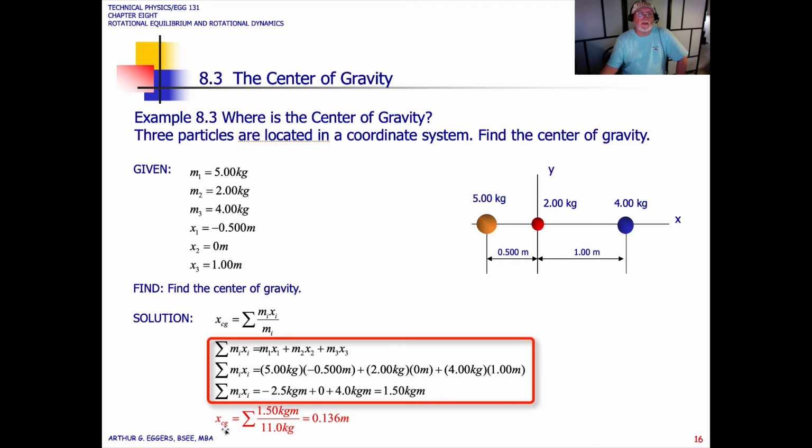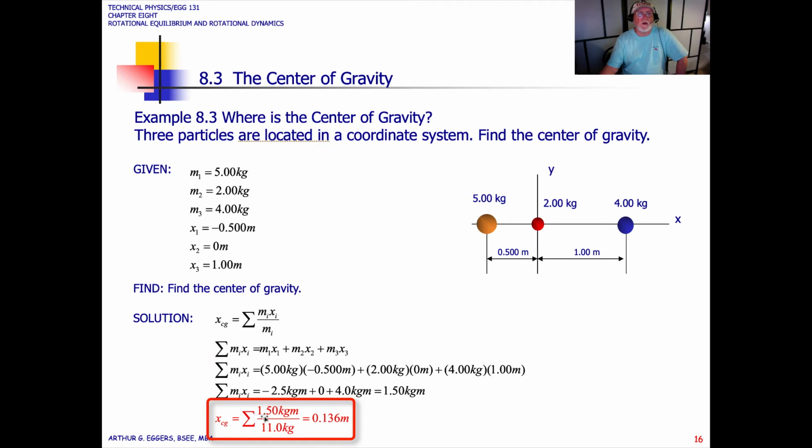So the x sub cg then would equal all of those terms for m sub i x sub i in the numerator, and we divide by the sum of the masses. So 5 plus 2 plus 4 gives me 11 kilograms. We end up with a distance of 0.136 meters as the center of gravity. So it's going to be just slightly off of the y-axis where the center of gravity occurs.